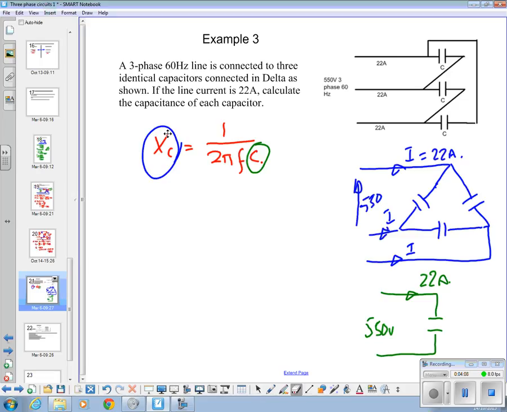It isn't 22 amps though, is it? What that process of isolating that capacitor has headed us towards is I phase. How can we find that?